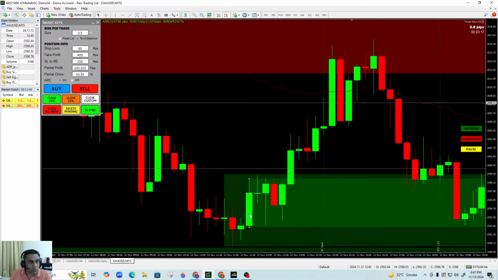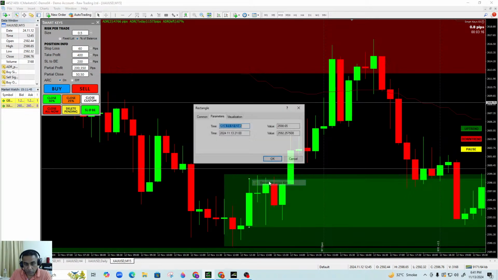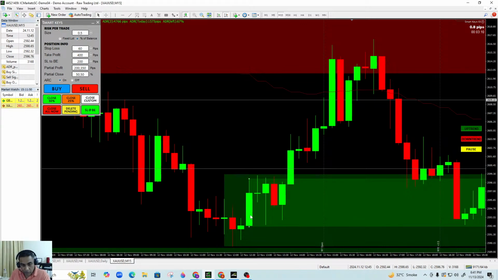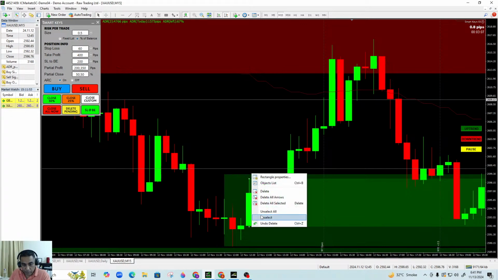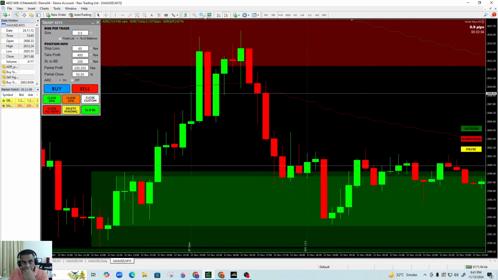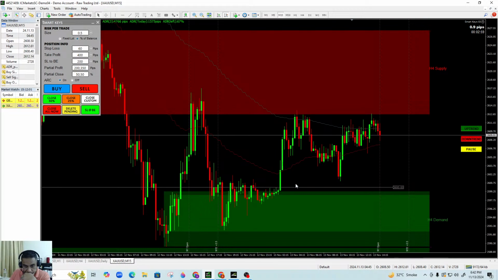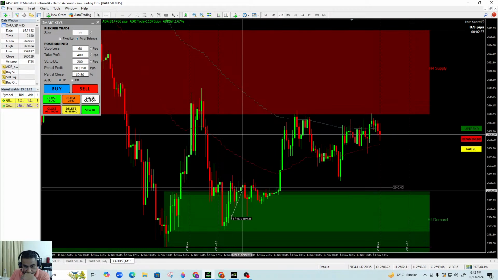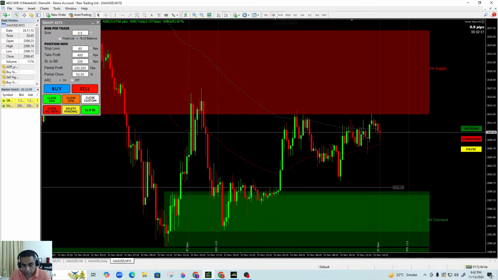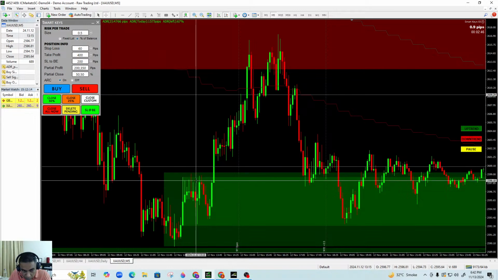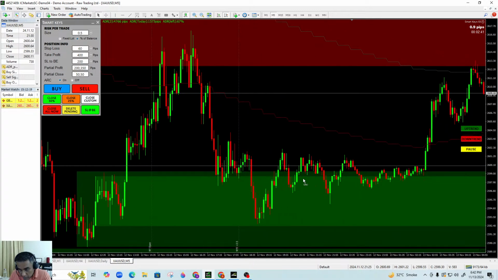This low 232. 56. Yeah, this candle. That's the candle.